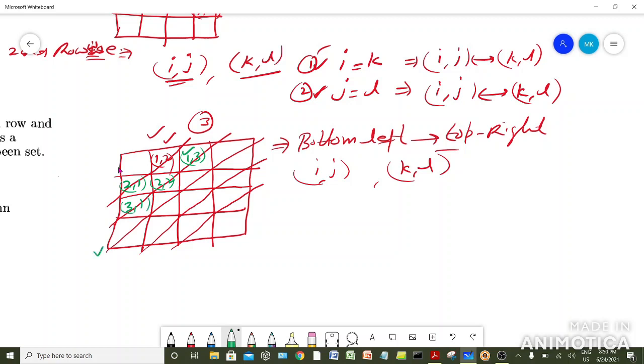Now move to this diagonal. This is location (4, 1), this is (3, 2), this is (2, 3), and this is (1, 4). And on similar lines you can fill the arguments for the other boxes also. Now try to observe the nature.